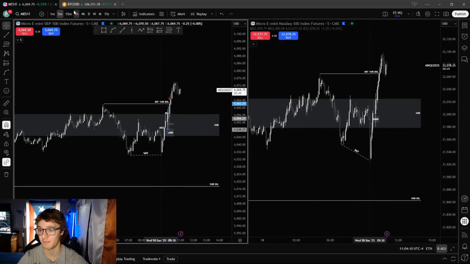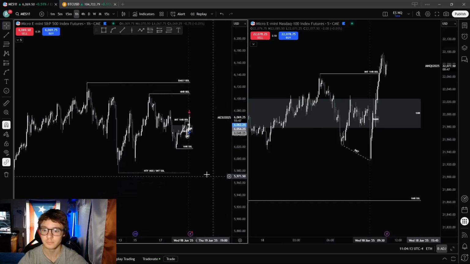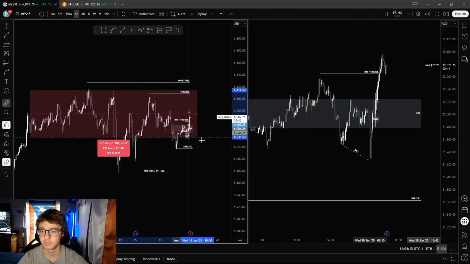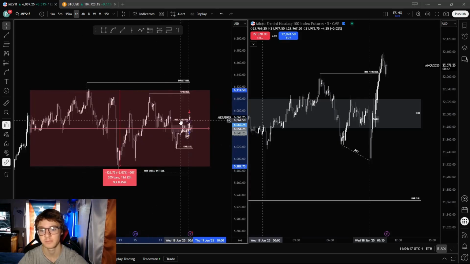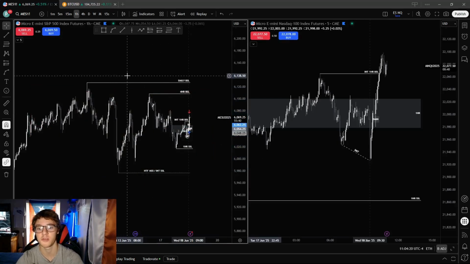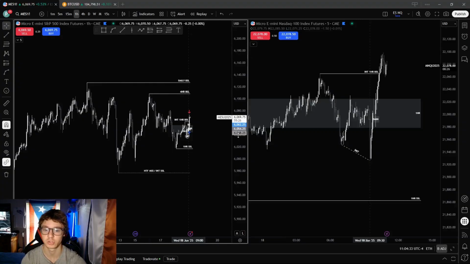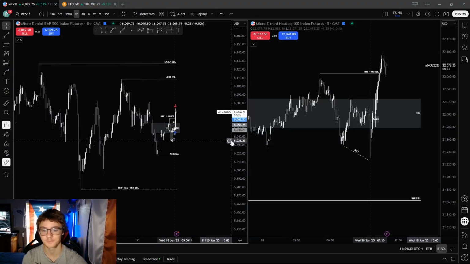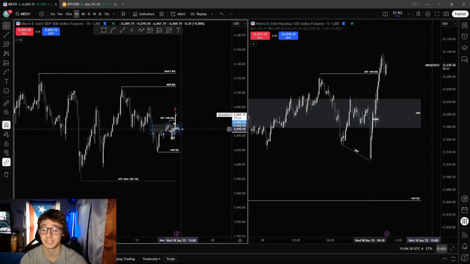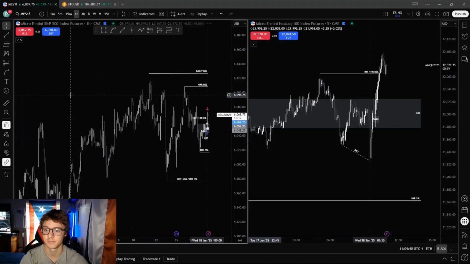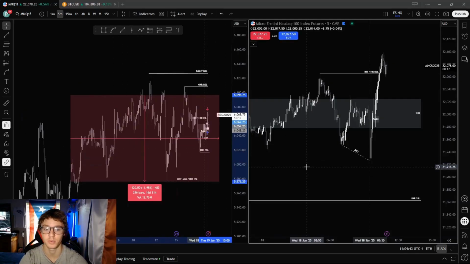FOMC is today, and then combining that with the fact that we are just simply not moving on the higher time frames right now, I solely want to be targeting internal liquidity and being extra picky, and for me personally, solely trading that first hour of market open to take advantage of the market open volatility and the internal draws on liquidity. But after that, not really expecting to see any expansion at this point because of this. This is pretty ugly stuff.